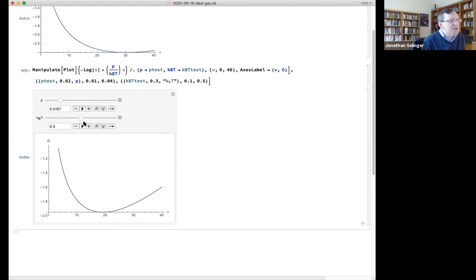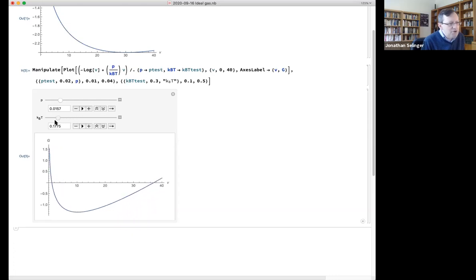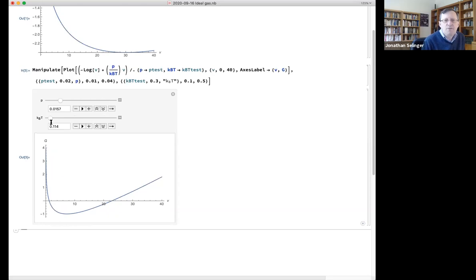The same sort of thing with temperature: if I increase the temperature, the optimum goes out to larger volumes, and if I decrease the temperature, the optimum goes to smaller volumes. The system could have different volumes, and you might imagine it even having little fluctuations of the volume around that value. But the equilibrium is going to be whatever is the minimum of this plot.